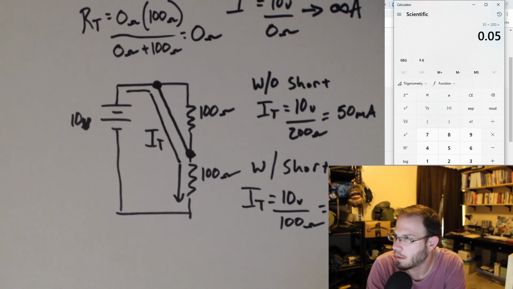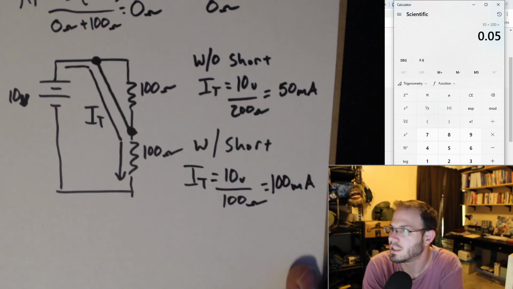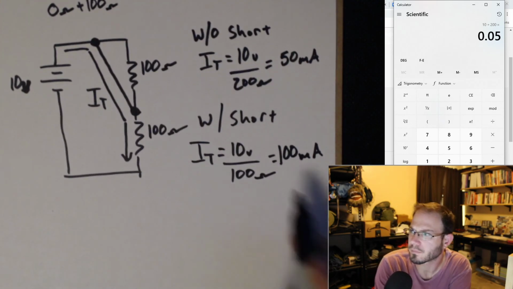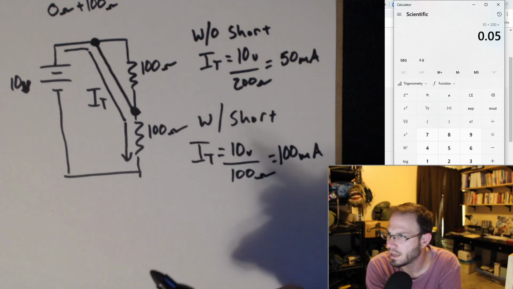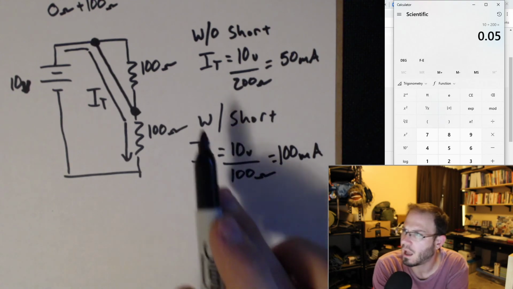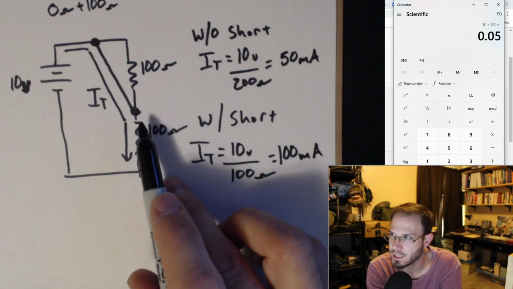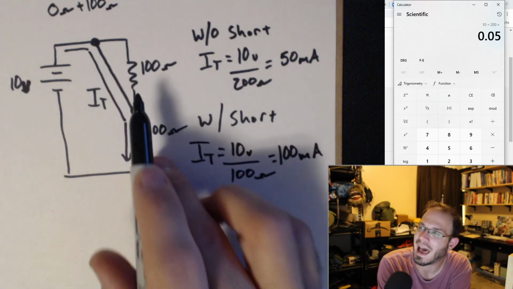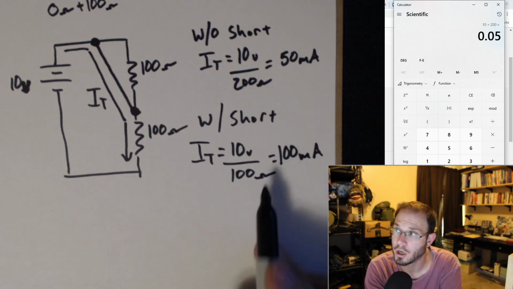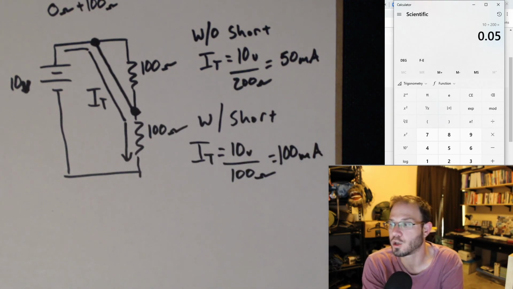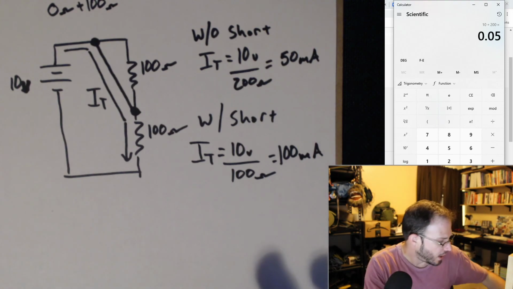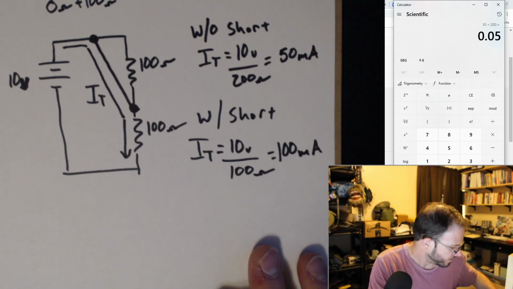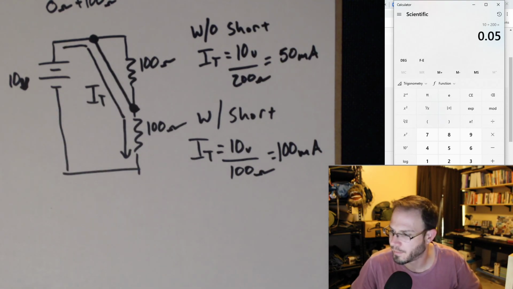Now, 100 milliamps is probably still safe for this circuit. So this is an example where a short doesn't always just lead to something breaking, but generally if this was an unwanted low resistance path, I could definitely get more current than I wanted. Something could break in the circuit. Okay, are there any questions about shorts?